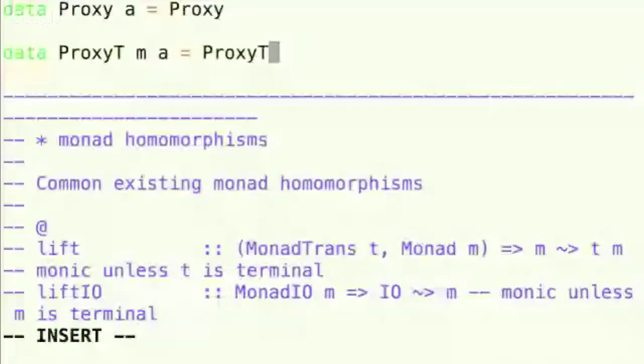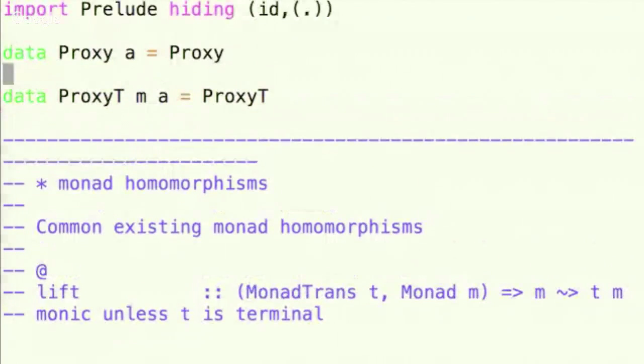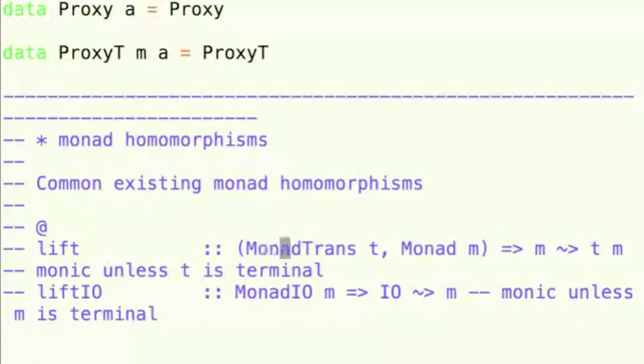And Roman's probably laughing right now. Anyways, so we have proxy T, we have this initial and terminal monad transformer, we have an initial and terminal monad. And what I'm saying here is that lift has to be monic unless T is isomorphic to proxy T. You can't use anything less than all of the result monad.